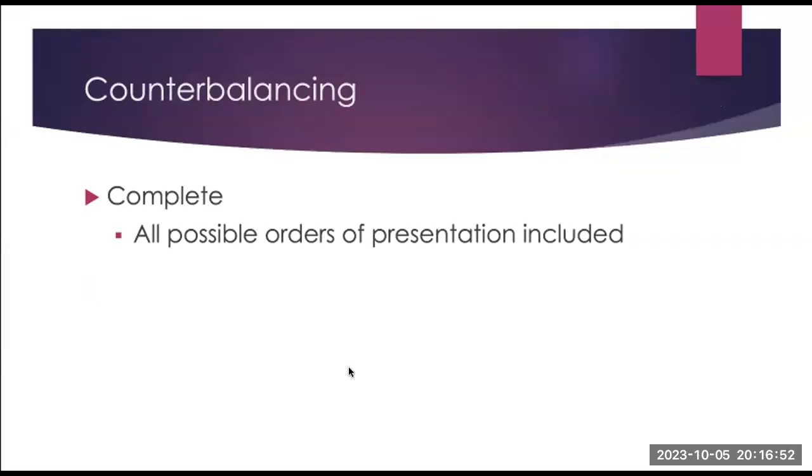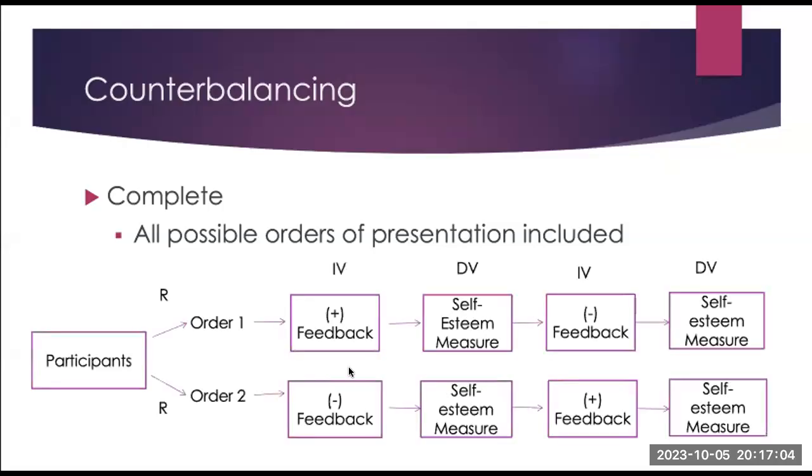What we're doing is making sure that all participants experience the manipulation of the independent variable in all combinations possible. So here in our example, we have the participants. We randomly assign them to order 1 or order 2. In this study, we're looking at the effects of feedback on somebody's self-esteem.